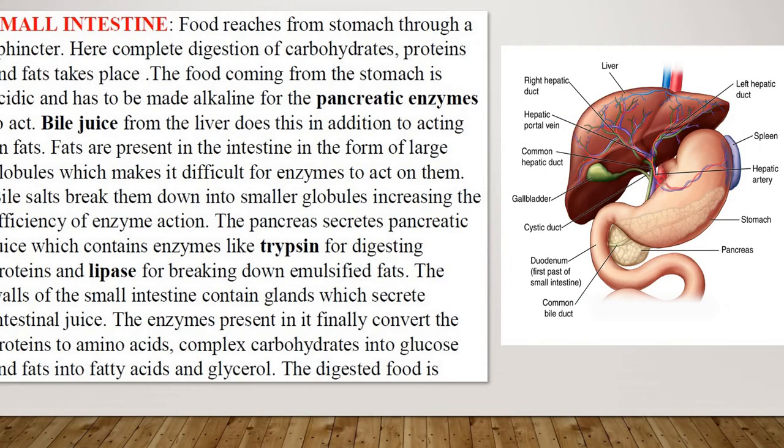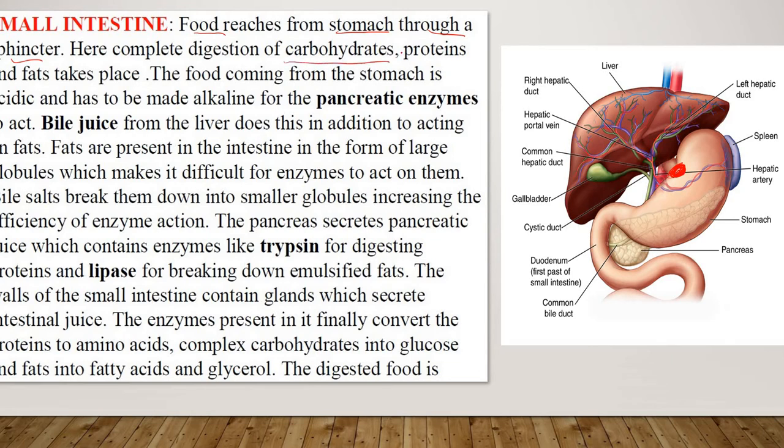Now we're coming to your small intestine. Food reaches the small intestine from the stomach through a sphincter. A sphincter is like a door. Here is the sphincter from which the food is entering.